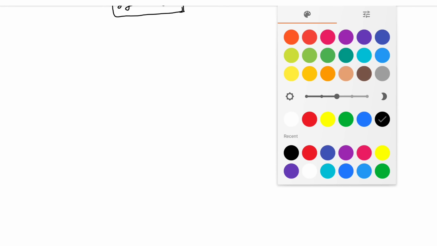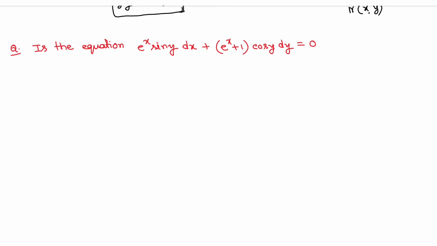Question: is the equation e to the power x sin y dx plus e to the power x plus 1 cos y dy equals to 0 an exact equation? You have to check whether this equation is exact or not.